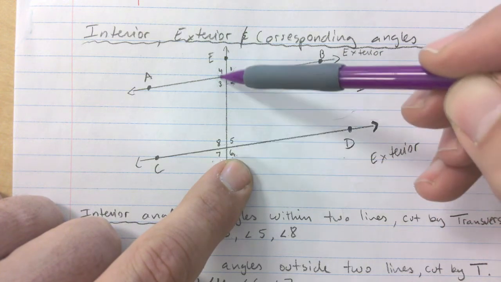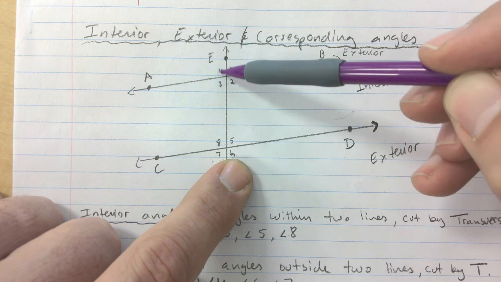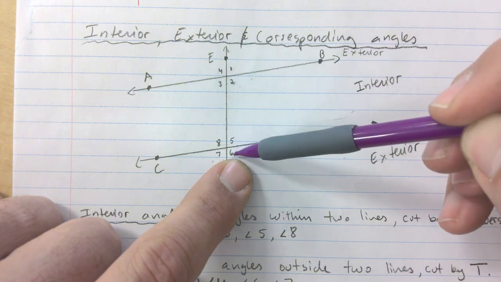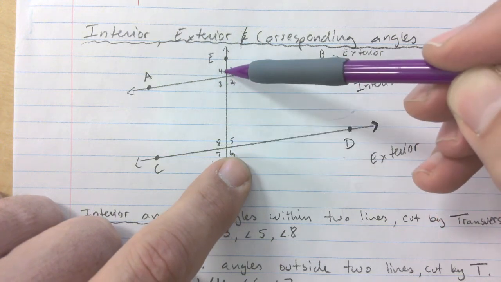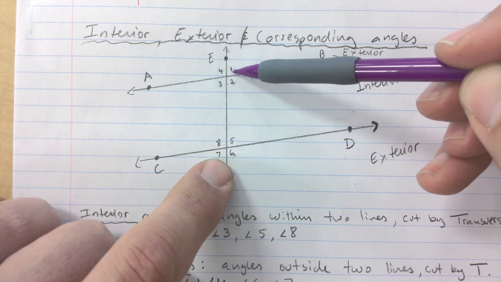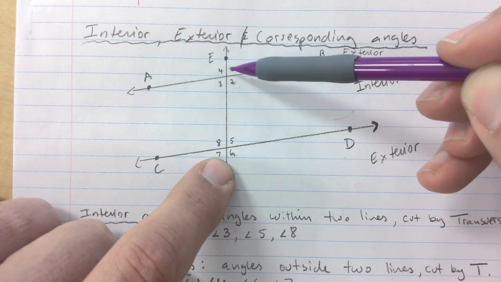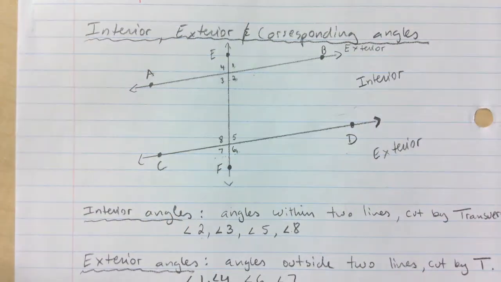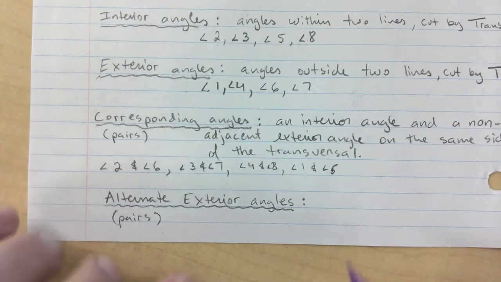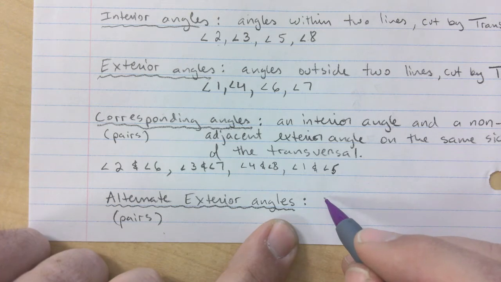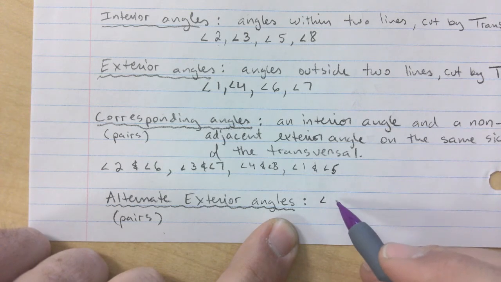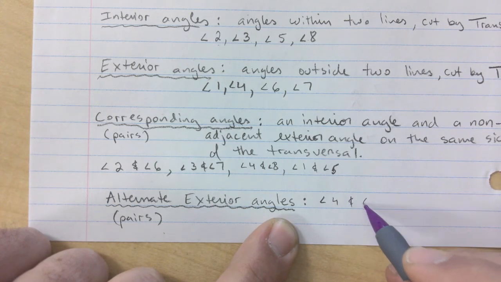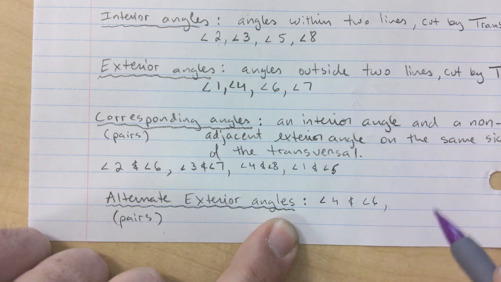That means that across the transversal, you're actually crossing the transversal to get the other one. So 4 and 6, 1 and 7, or if you want to go 7 and 1, 6 and 4, it doesn't matter. But these are the two, okay? So let's write down angle 4 and 6 and 1 and 7.